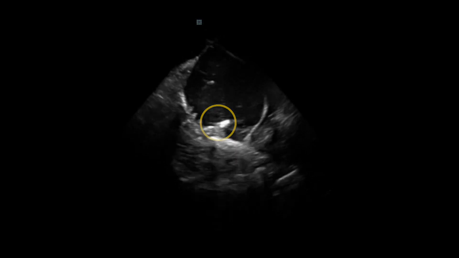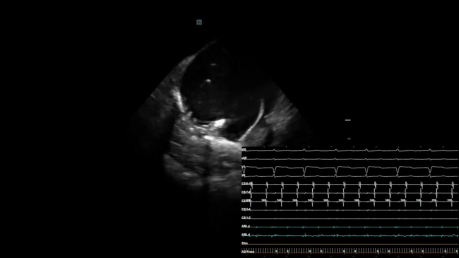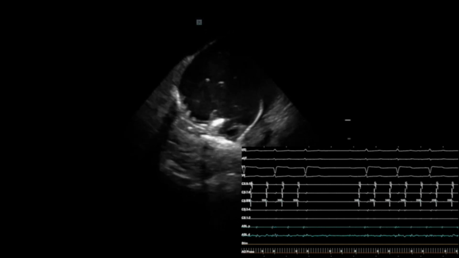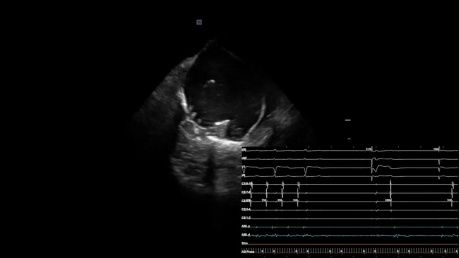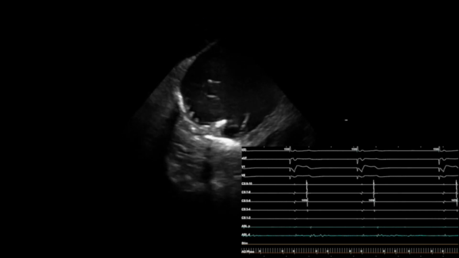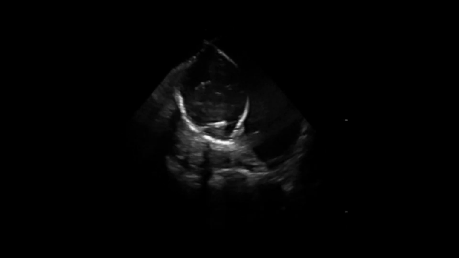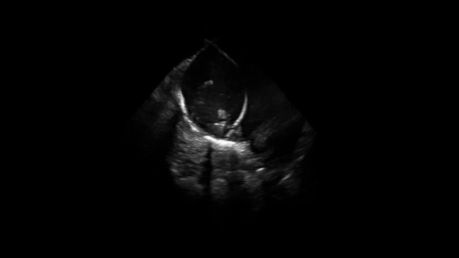And that is the time that we were able to terminate the atrial flutter. Here you can appreciate, as we are ablating, we were able to terminate the atrial flutter into sinus rhythm. And interestingly, this patient had a single chamber pacemaker, and after this procedure, we went ahead and upgraded the patient's pacemaker to a dual chamber pacemaker.